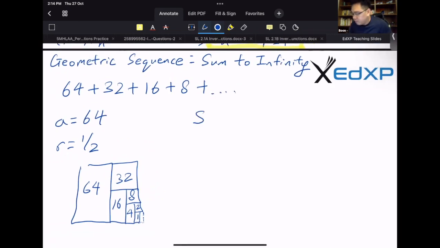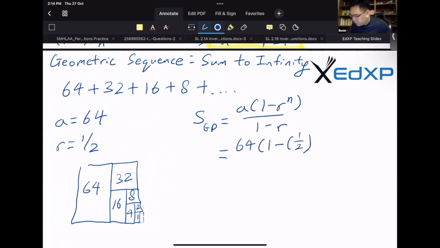So the sum of a geometric progression is given by what we derived earlier on. Okay, and in this case, the first term is 64. Common ratio is half. Power to n, and n is going to infinity, over 1 minus half.